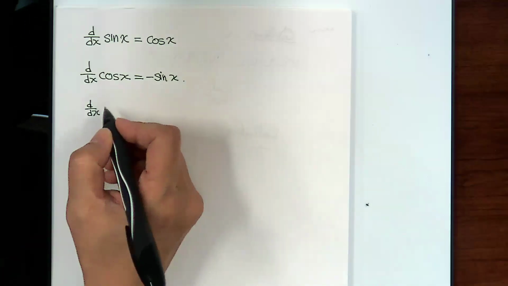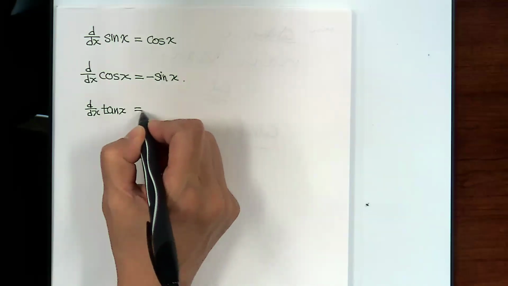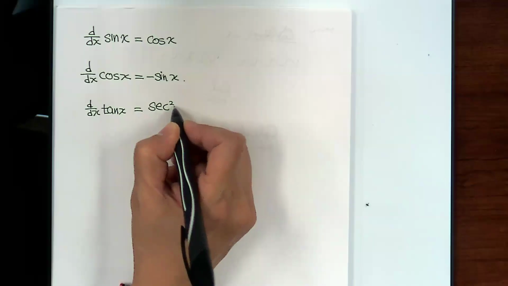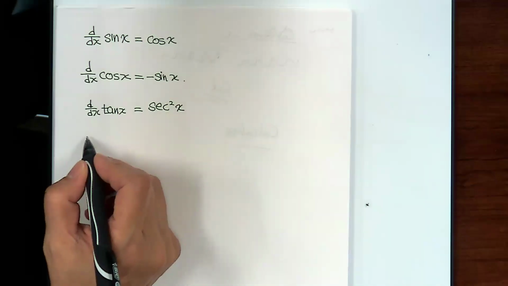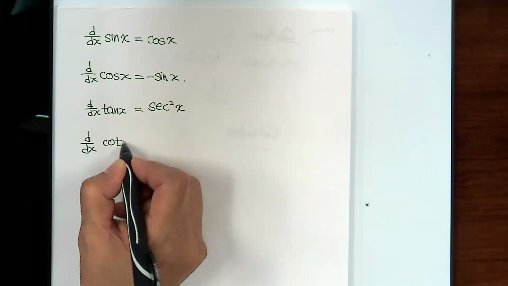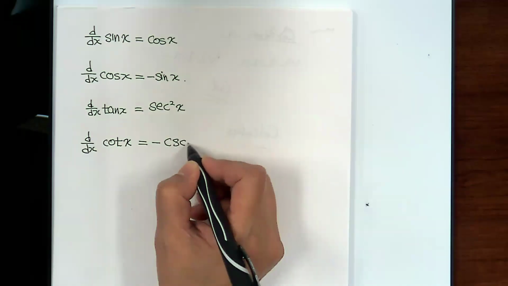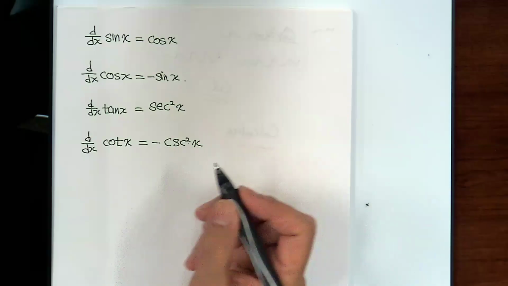The derivative of tangent is secant squared of x, and the derivative of cotangent of x is minus cosecant squared of x.